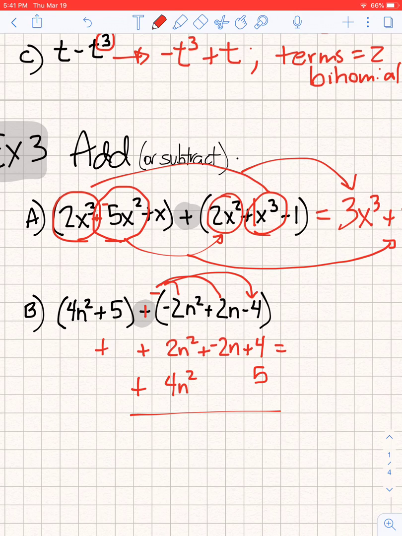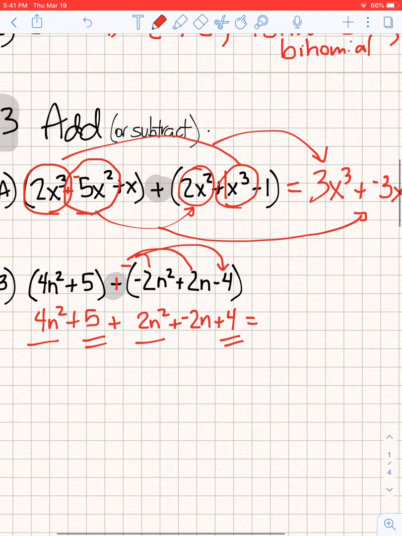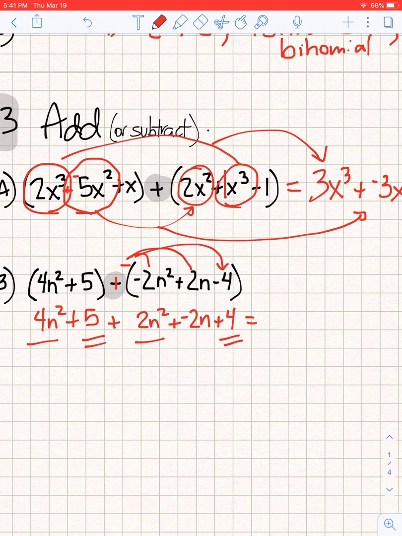You certainly can do that if you want. I like to just highlight the ones that are the same, and if you want, you can use different techniques like underlining with 1, and then underline with 2, and then underline with 3, anything else that is similar to keep track visually of the things that you're adding together.